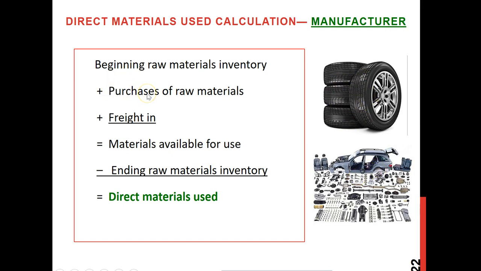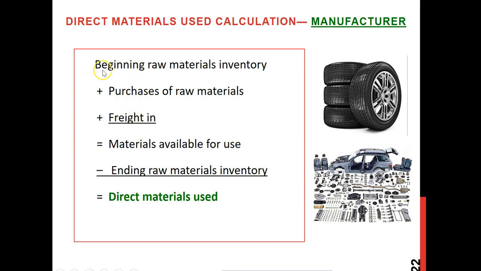So you have to add the purchase price of all those raw materials. Now sometimes you may need to pay freight or transportation. Freight in means the cost you pay to bring in your product, and freight out means that you pay for selling your product. So if you have any freight in, you will add those.